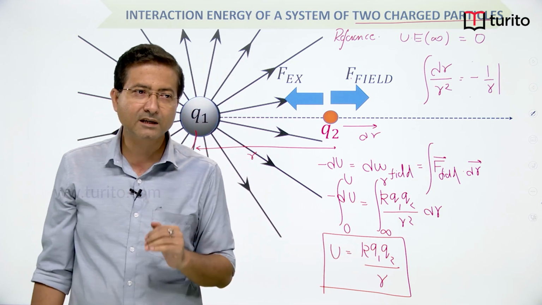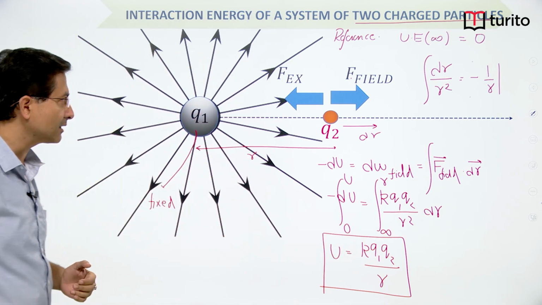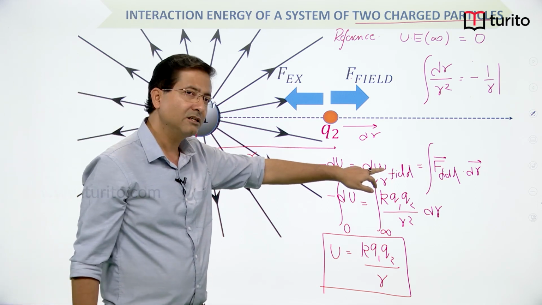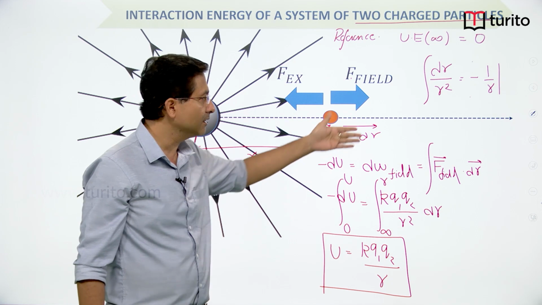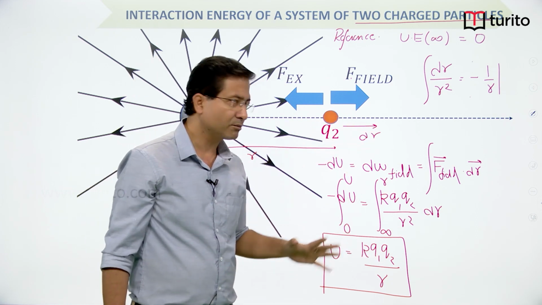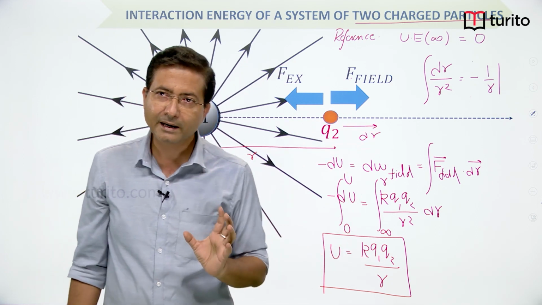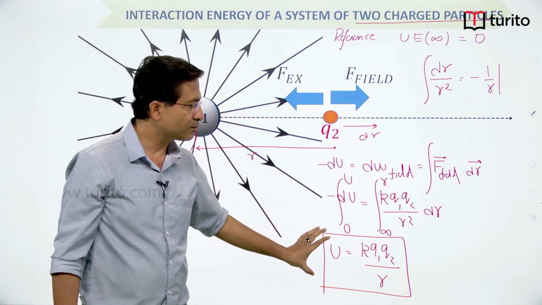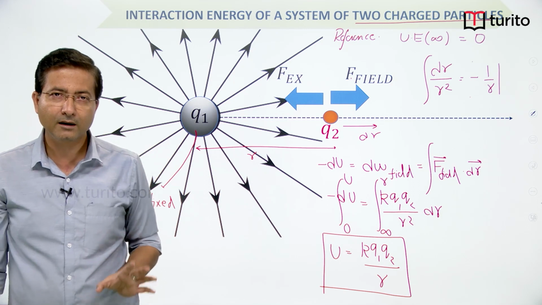We use the basic definition of change in potential energy, that work done by field is equal to negative of change in potential energy, and using that we got this expression. So, for any such system you can use this expression k q1 q2 divided by r.